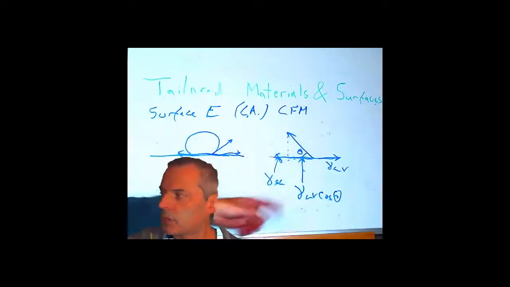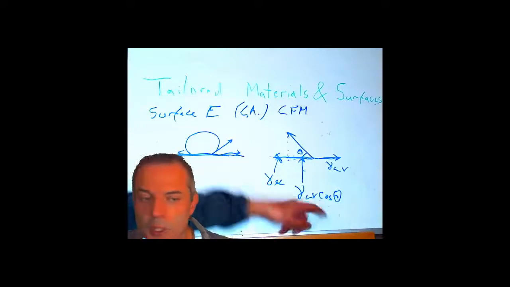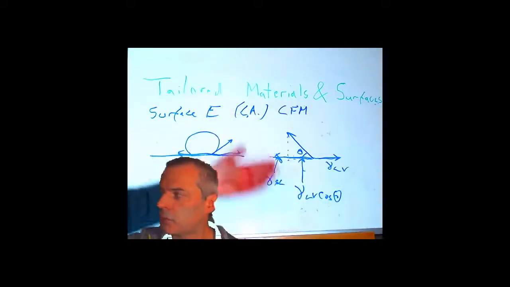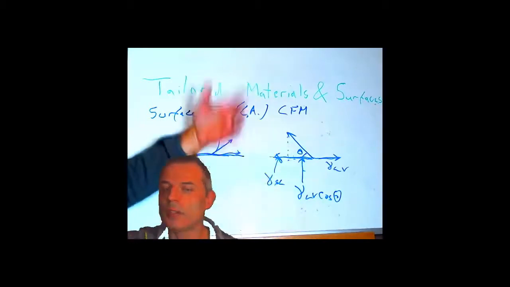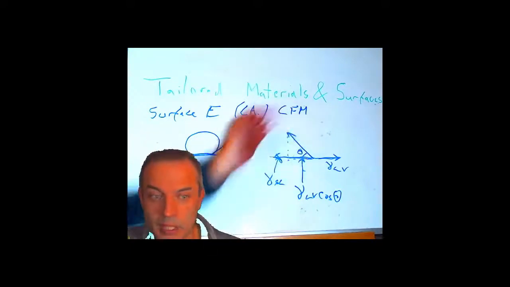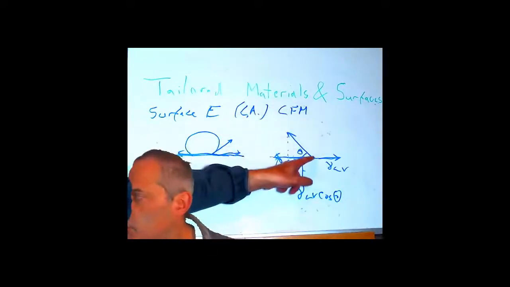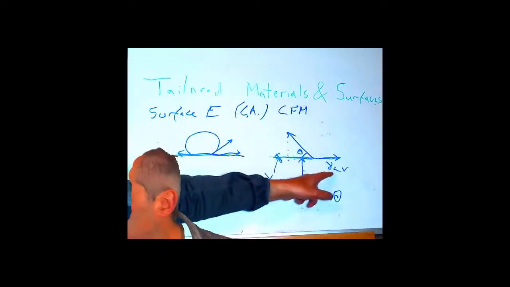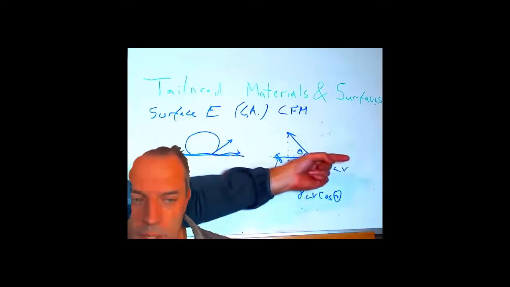If we take cosine and we have it less than 90 degrees, it will be positive, and if we have it more than 90 degrees, it will be negative, and so we get the correct direction. It changes direction when it passes through 90, that's good.